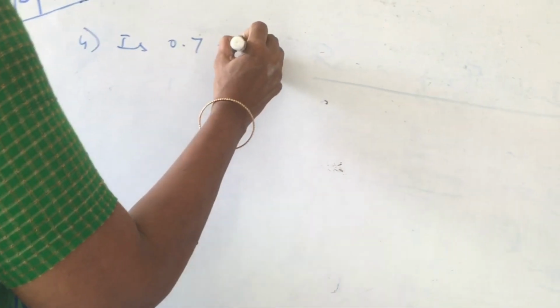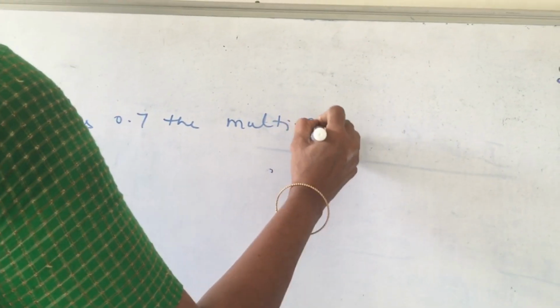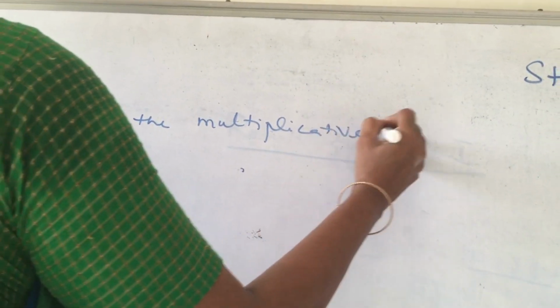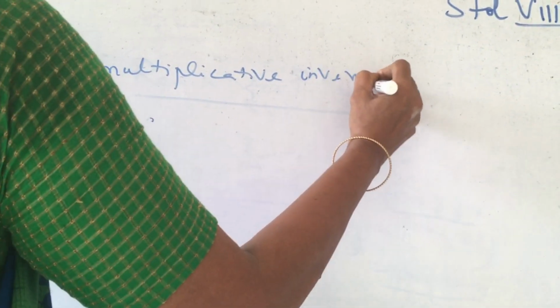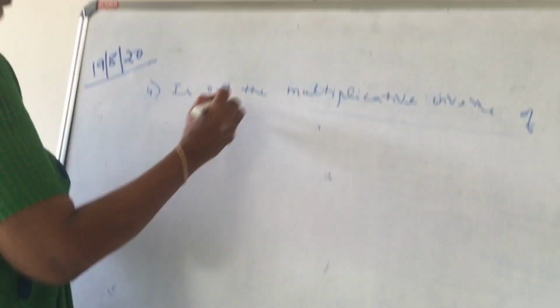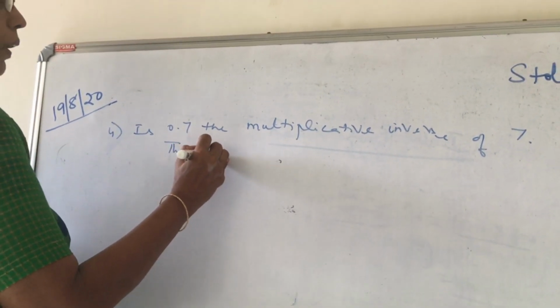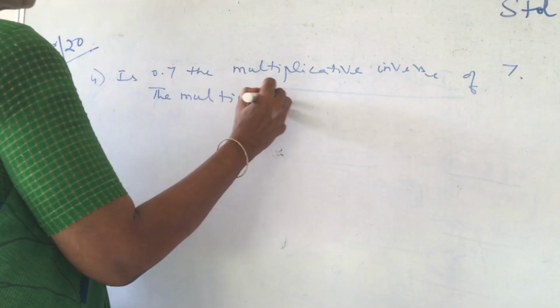Is 0.7 the multiplicative inverse of 7? What is the multiplicative inverse of 7, children?